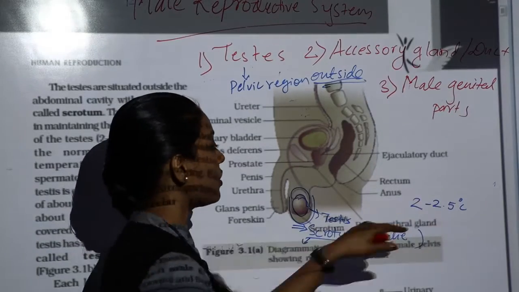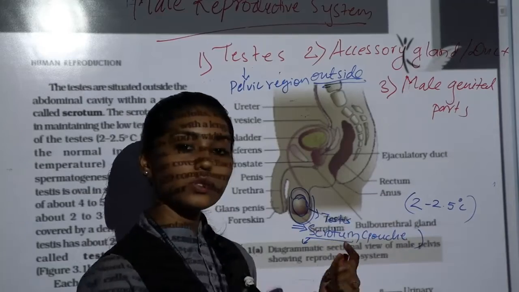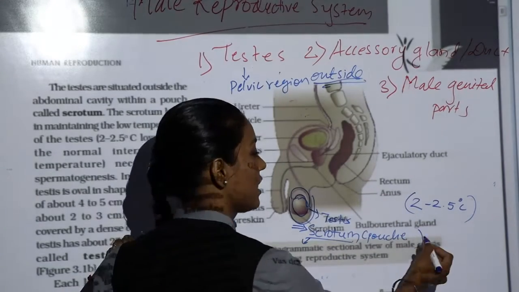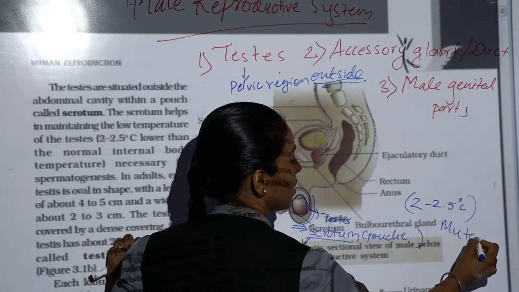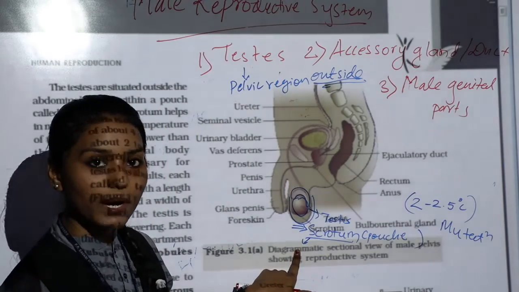If the temperature is high and similar to the human body, there are chances for mutation to occur in this particular part.